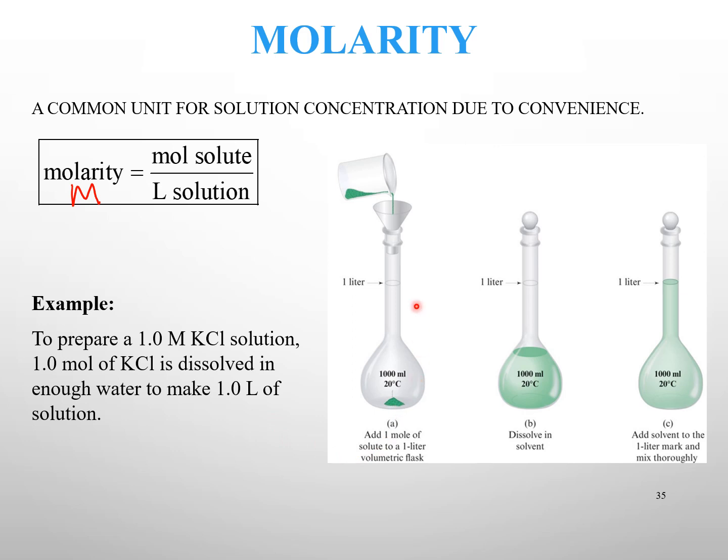We will use a volumetric flask where there's a mark right there on a volumetric flask. If your lower meniscus of the water hits that number, it will be exactly 1 liter. And if you weigh out a certain amount of grams, 1 mole of KCl there, you can make a 1 molarity solution of KCl.